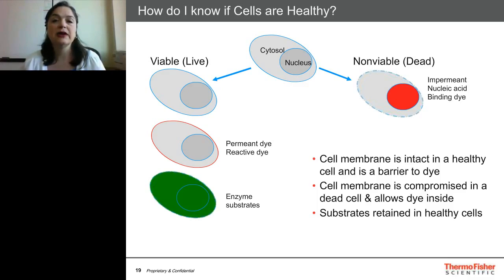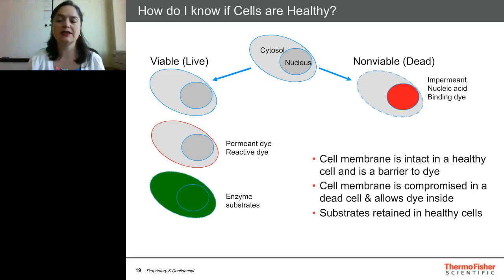And then for a dead readout, that would be the case from a basic fluorescent imaging perspective, where an impermeant nucleic acid dye normally cannot cross a healthy cell membrane, but when cells die, their membranes become permeant. So you would get a signal from your nucleus if you were using a dead cell indicator that showed that nucleic acid was able to bind DNA and fluoresce, and it couldn't do that if the cell membrane was healthy and intact.